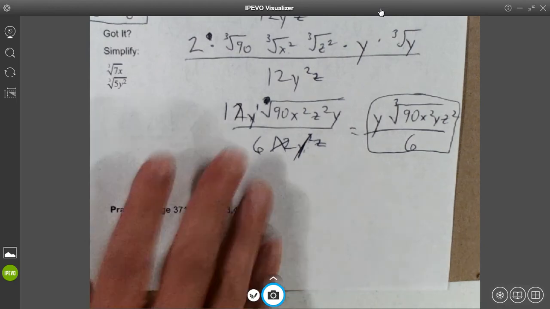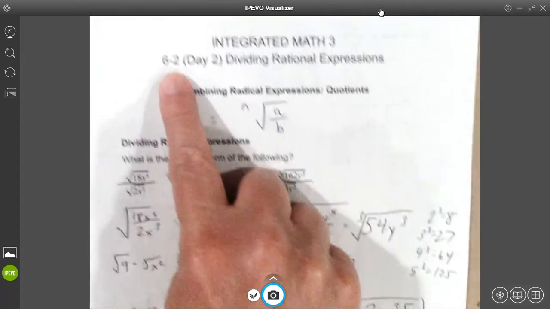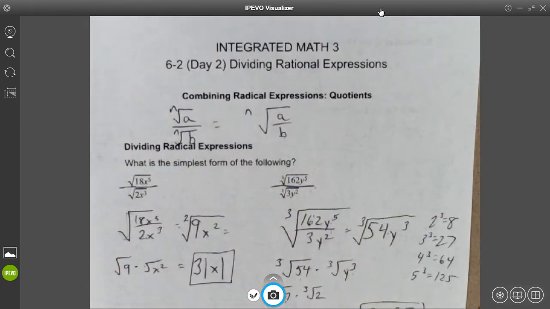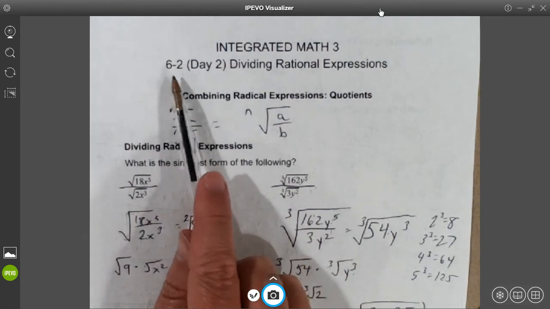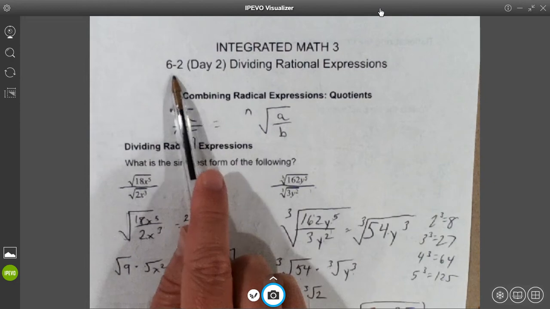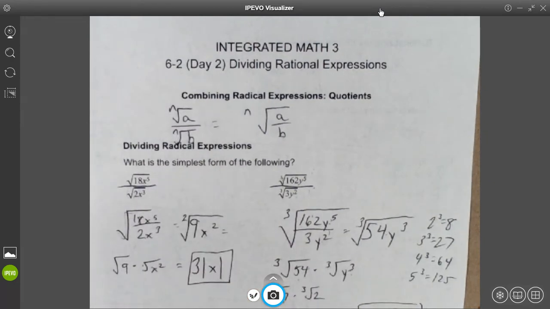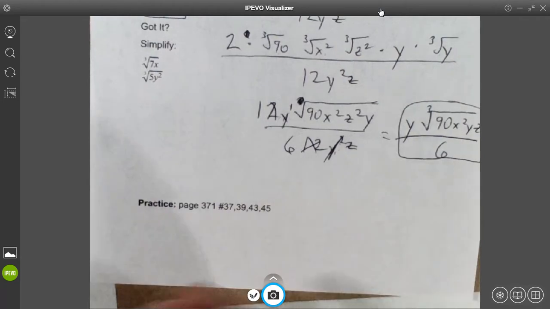Now, since this is all part of 6-2, what I would like you to do is take your day 1 6-2 and your day 2 6-2 and just combine those in one big assignment. I'm just going to grade that once or put that in as one assignment on Progress Book. I just want you to share that as one assignment on Flipgrid.